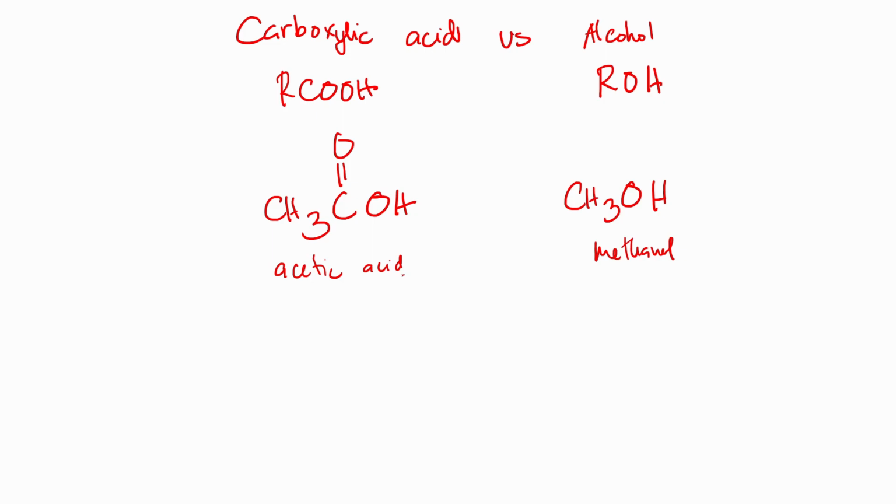Okay, so the key characteristic here to see is the carbonyl group. If your hydroxide group is connected to a carbonyl group, it is a carboxylic acid. If it is directly connected with your carbon, no carbonyl group, it is an alcohol.